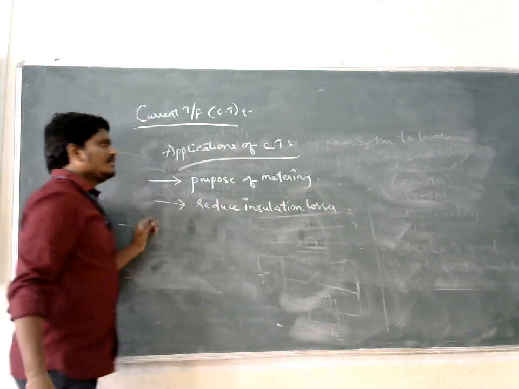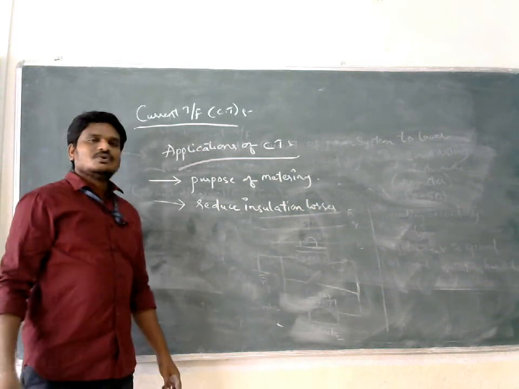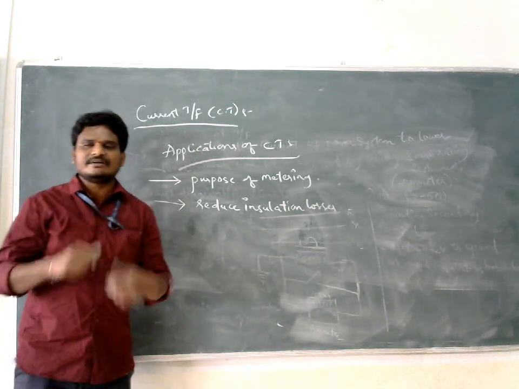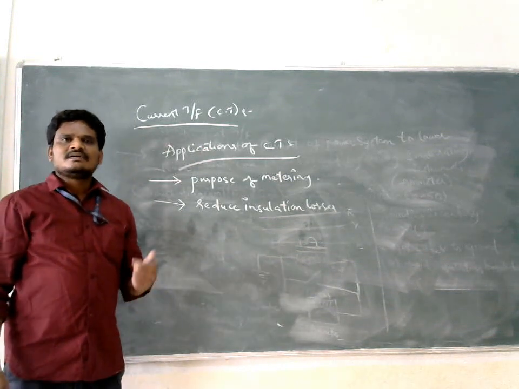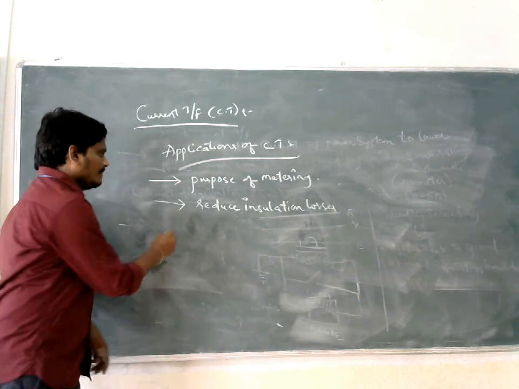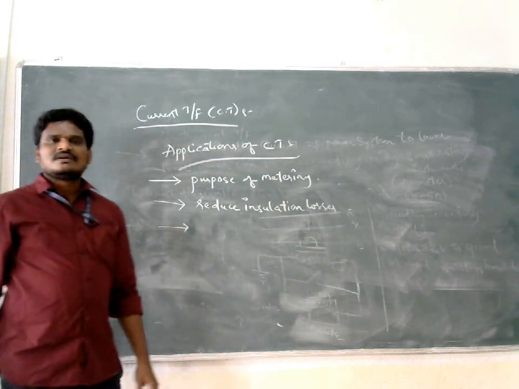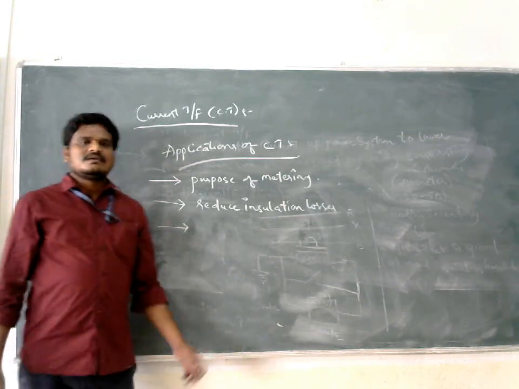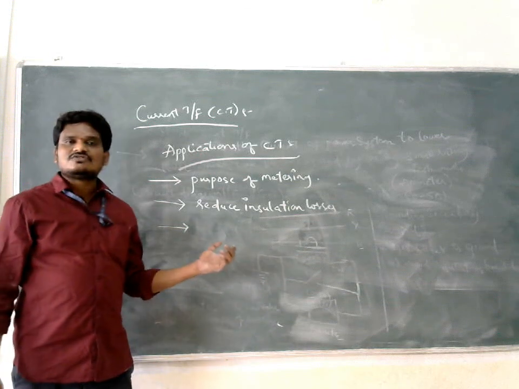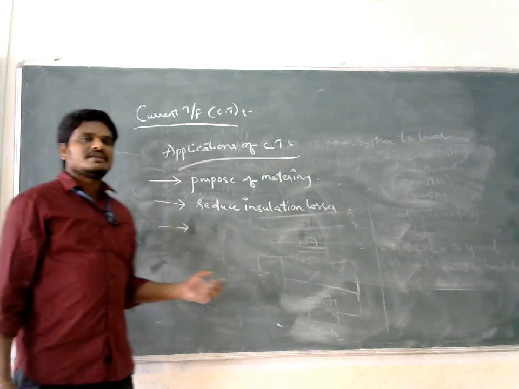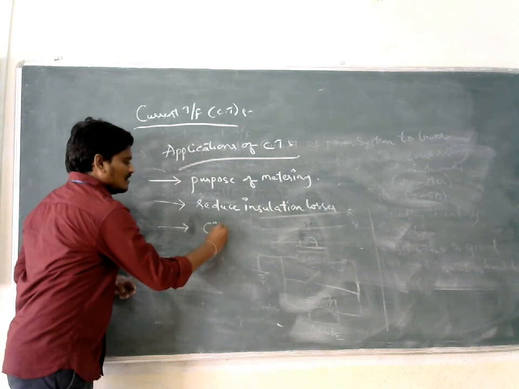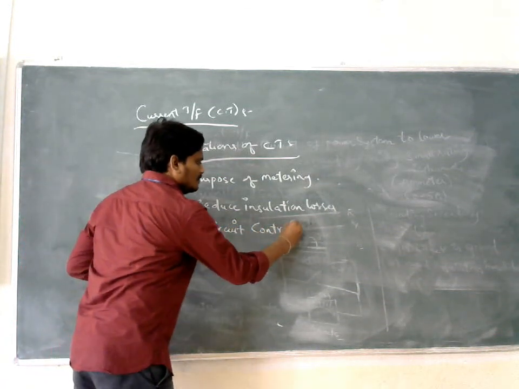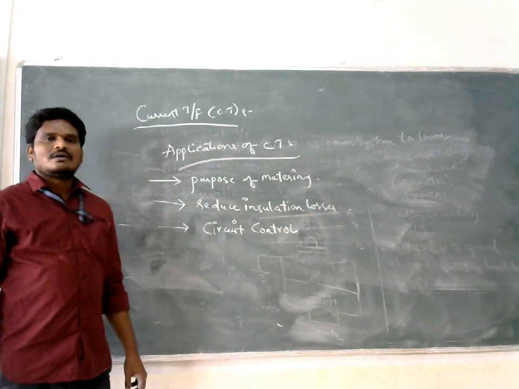That is, by using the current transformer, you can reduce the insulation losses by using it in an efficient manner. Coming to the next application, these current transformers can also be used to perform circuit control by measuring current.